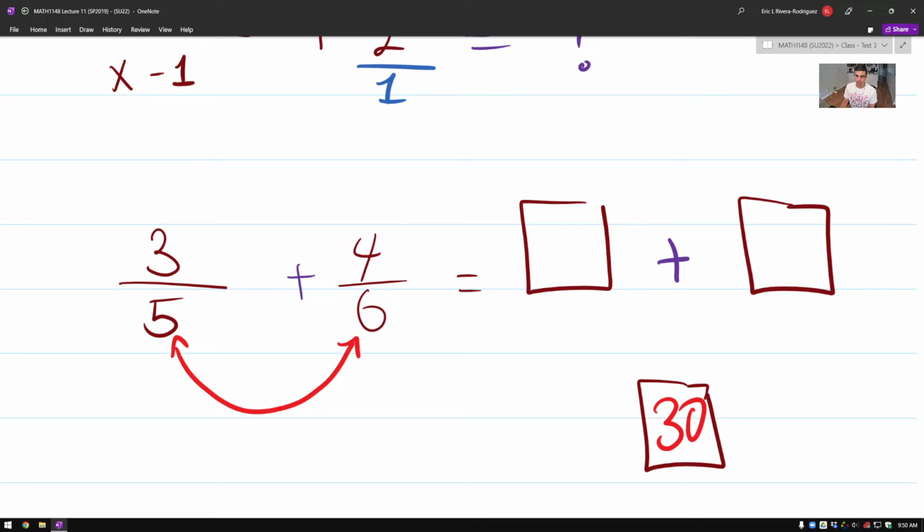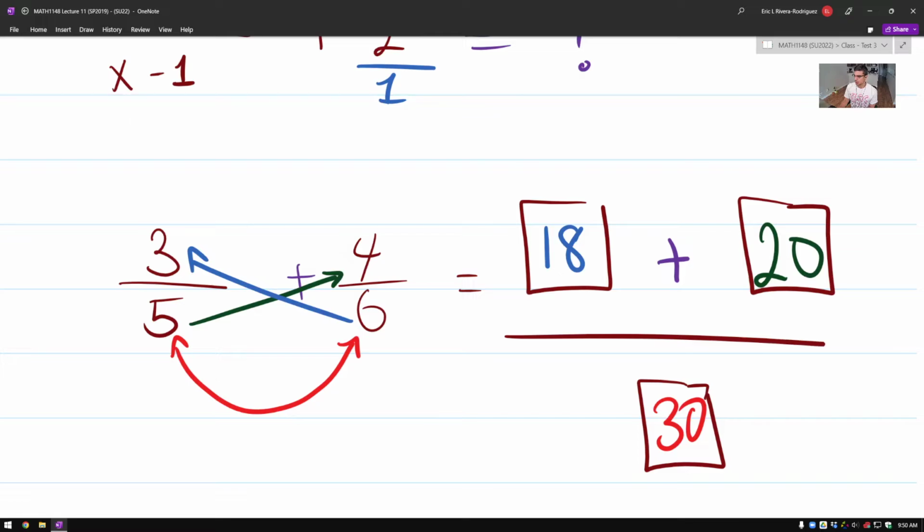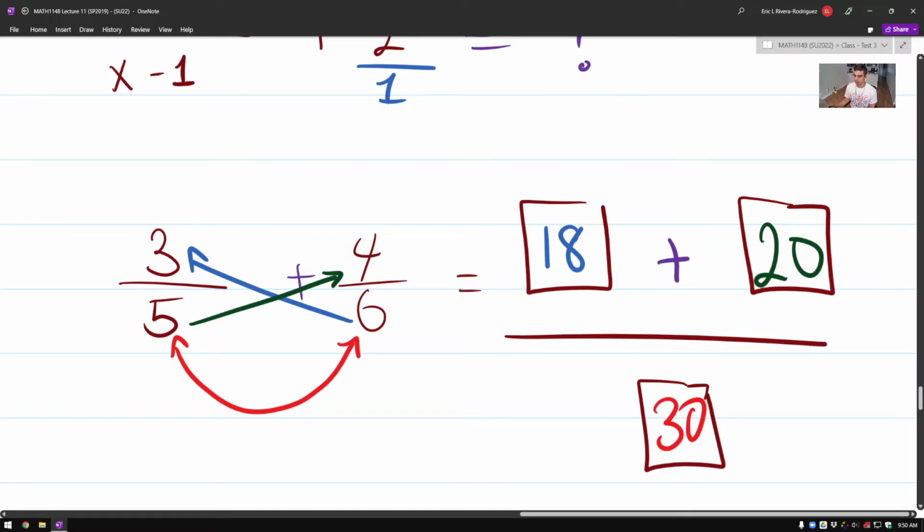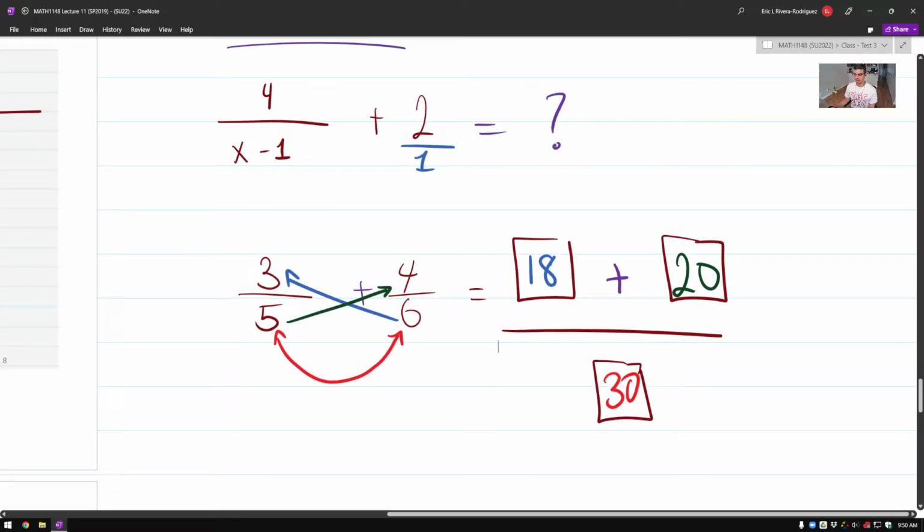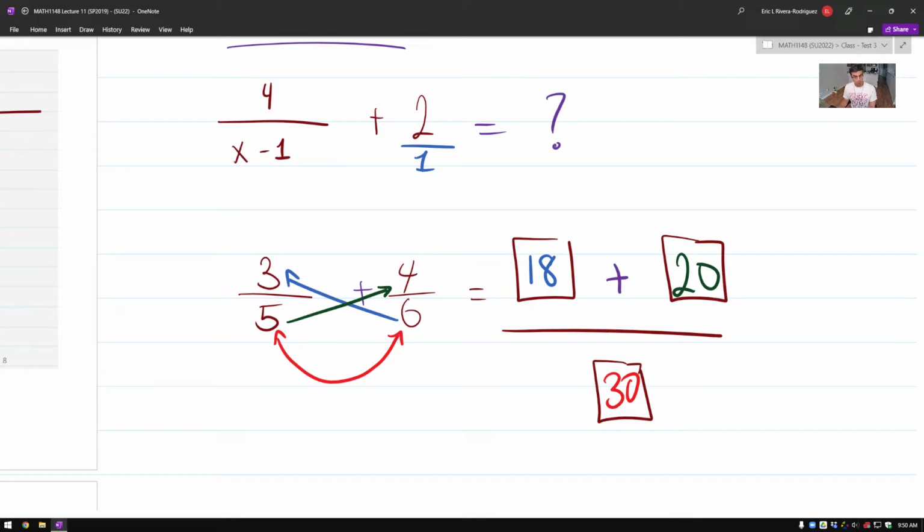Then I will take 5 and make a face with a cross. So 5 goes to 4. 5 times 4 is 20, and this goes here. And then 6 goes to 3, and 6 times 3 is 18. By this point we have found a common denominator.